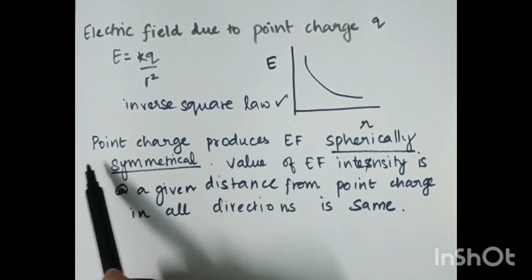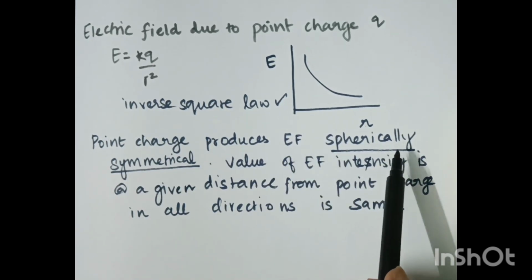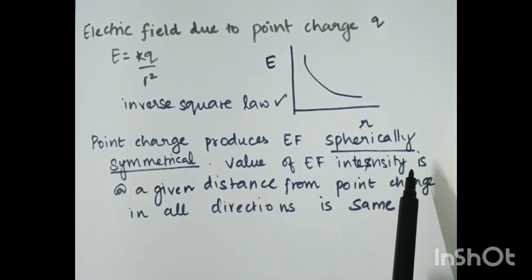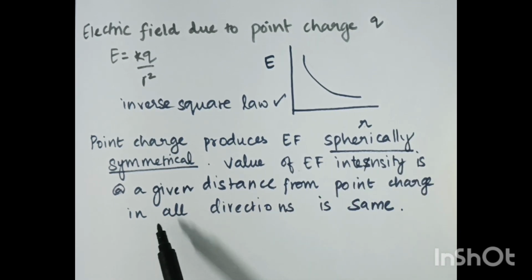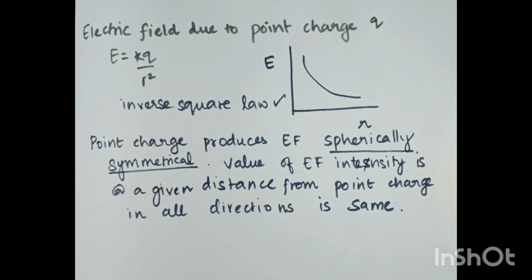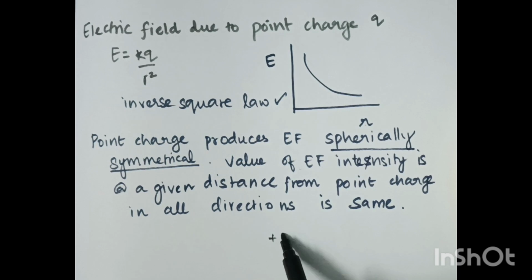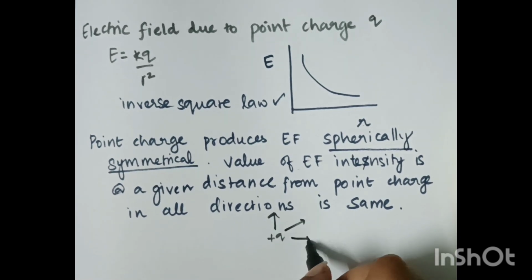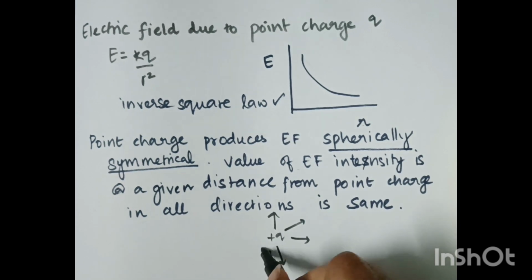Now point charge produces electric field spherically symmetrical. The value of electric field intensity at a given distance from the point charge in all directions is same. So if there is a positive charge, let us suppose there is a positive charge, then the field because of it will be radially outward.